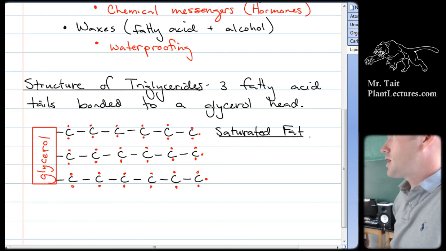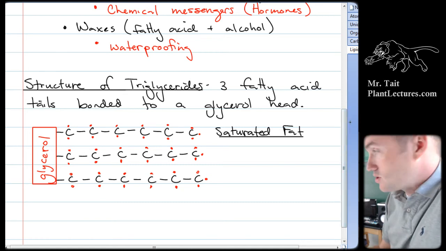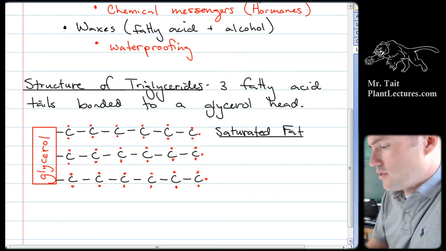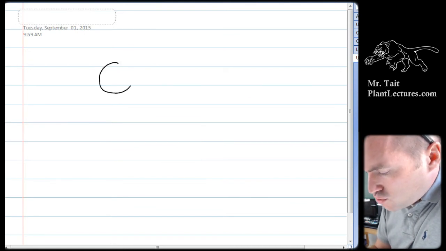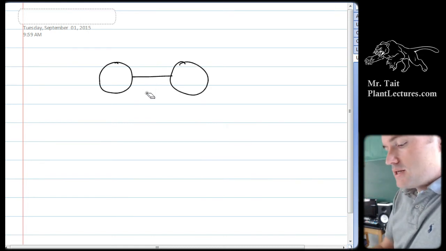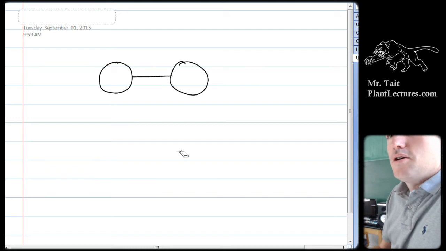It's called a saturated fat for two reasons. Because it's got as much hydrogen in it as it can. It doesn't have any spots where there could be hydrogen and there's not hydrogen. And the next thing is because it's got all these single bonds. I don't know if you guys are familiar with it. You don't have to draw this at all. But if you imagine two carbons bonded to each other, like this, this bond here is fully rotatable, if that's a word.